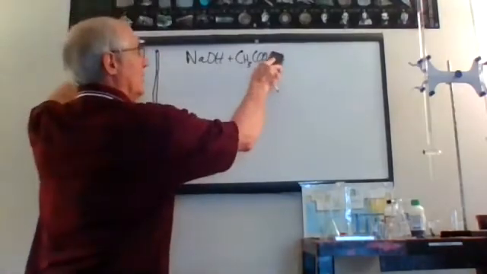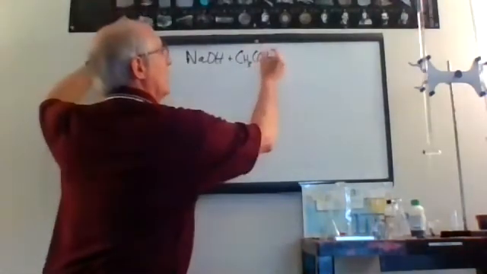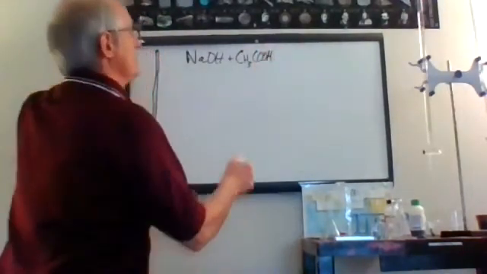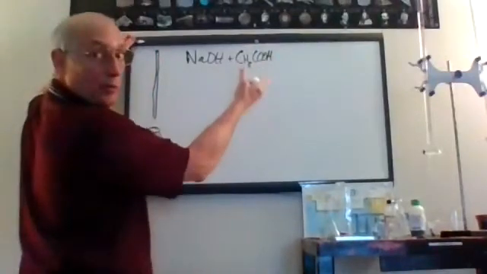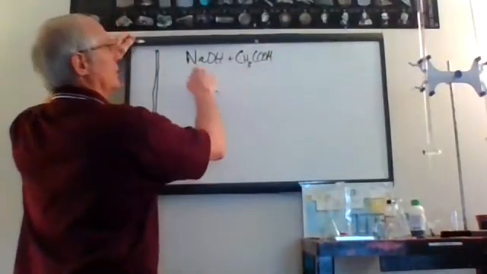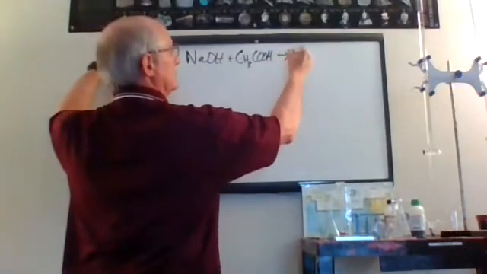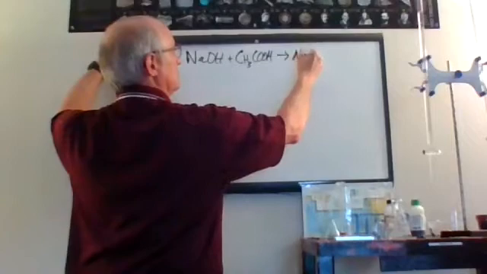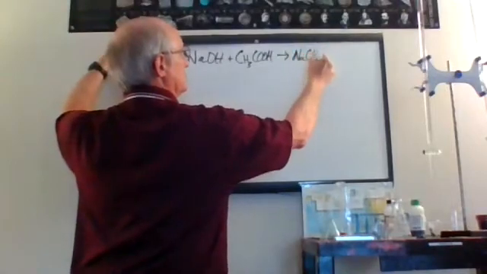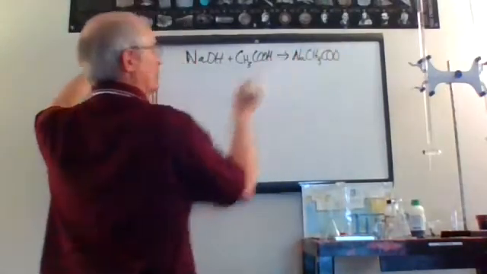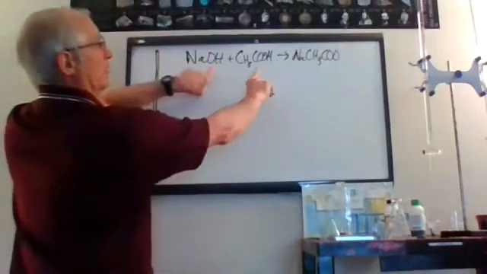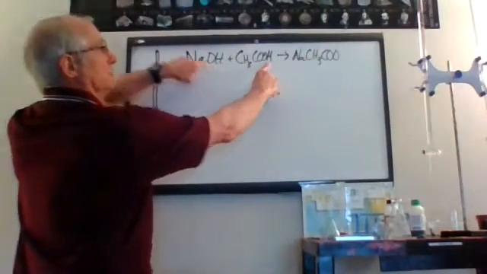What's your problem? Okay, there we go. Now, what are we going to get? We're going to get a salt and water, right? What is the salt? The salt is the sodium acetate, CH3COONa, that's CH3COOH without the H on the end. And the water is the H2O.